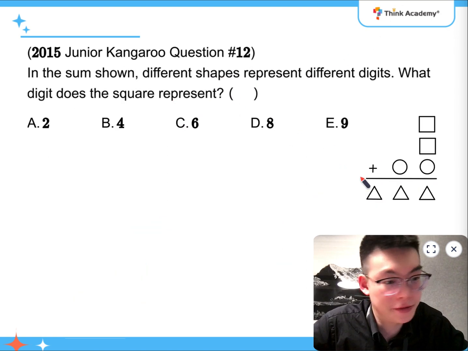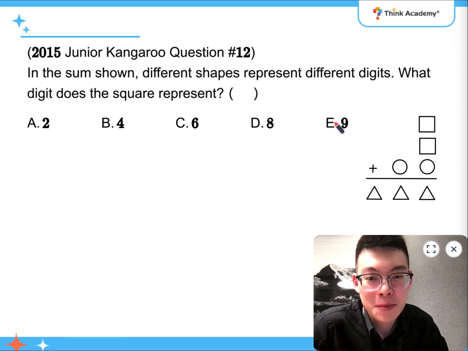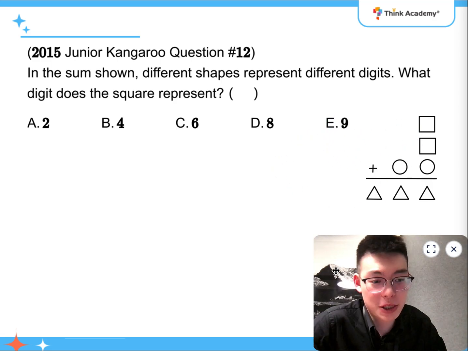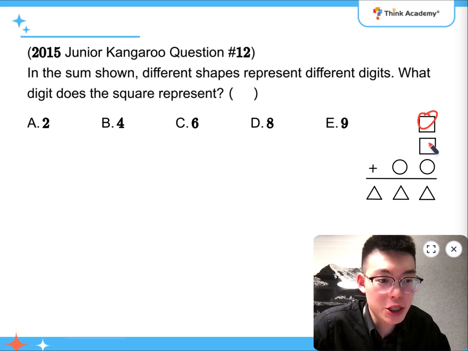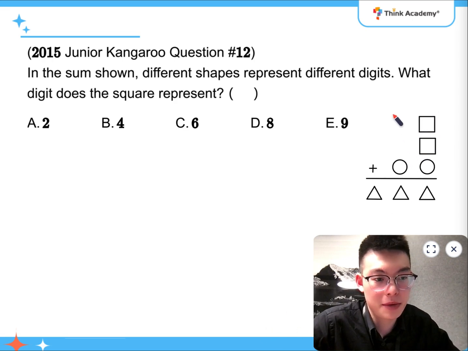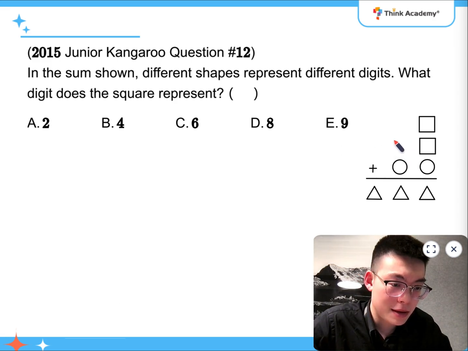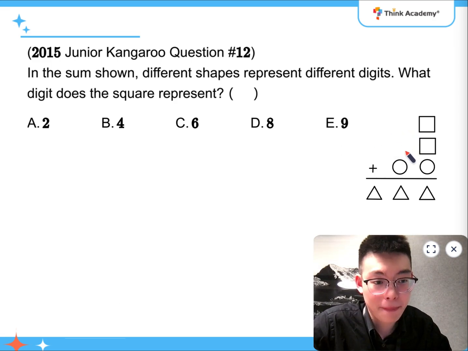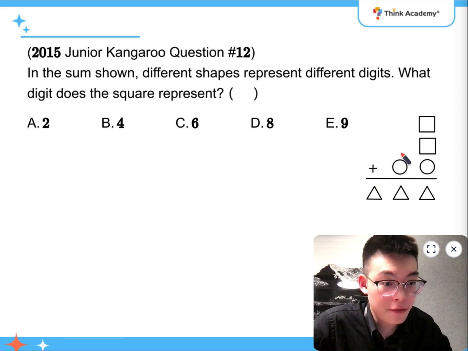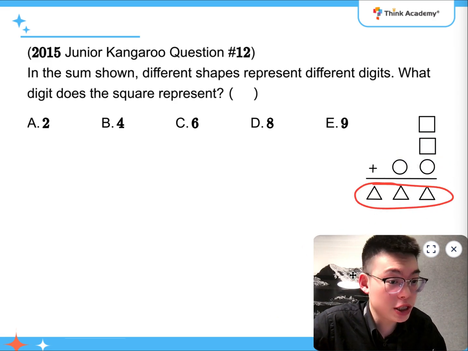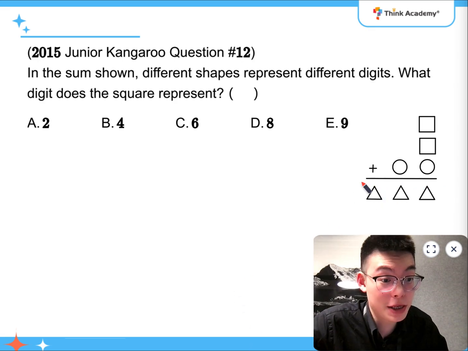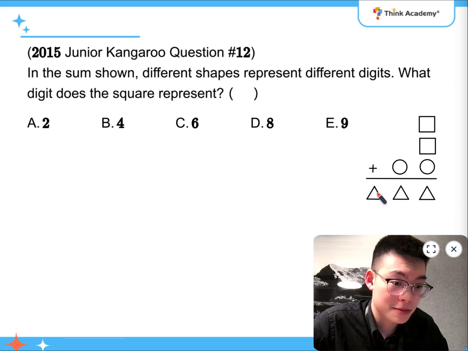Question number 12. Interesting question. So, a number puzzle. We need to know that any 2 unit digits added up must be less than 20. And if I have a 2-digit number or a 1-digit number adding another 2-digit number, and I get a 3-digit number, of course it can't be greater than 200.